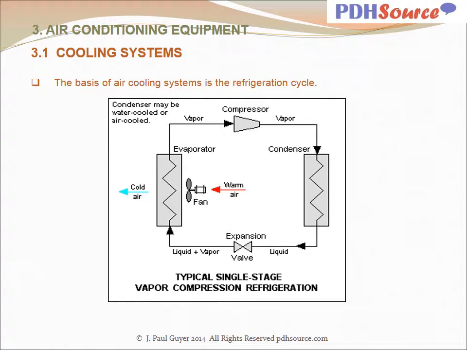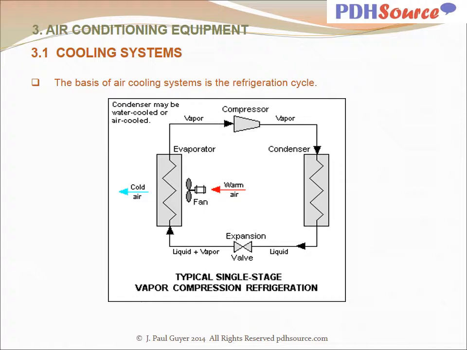What comes out of the nozzle is a combination of liquid and vapor. And this liquid and vapor is cold. And this cold refrigerant liquid vapor combination is pushed into the evaporator coil, which is a heat exchanger.